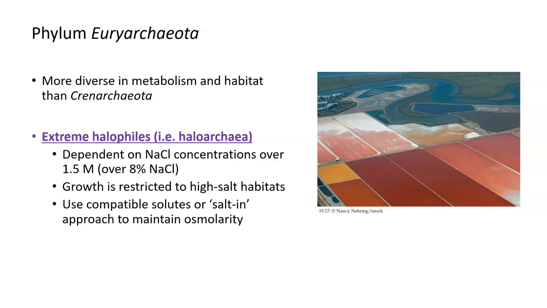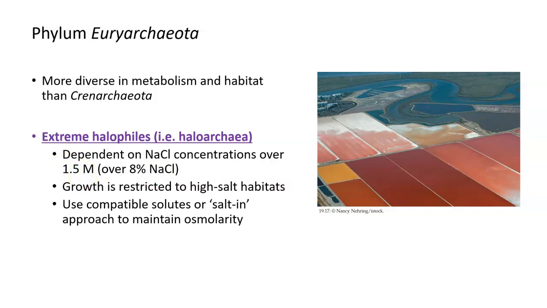One other group inside the phylum Euryarchaeota are the extreme halophiles. A halophile is a salt lover, and we sometimes refer to these extreme halophiles as Haloarchaea. They are absolutely dependent on very high concentrations of salt, over 8% salt in the medium, or 1.5 molar salt concentration.